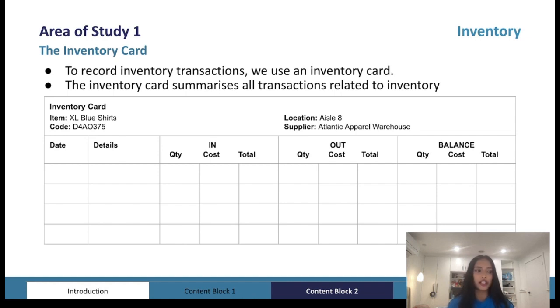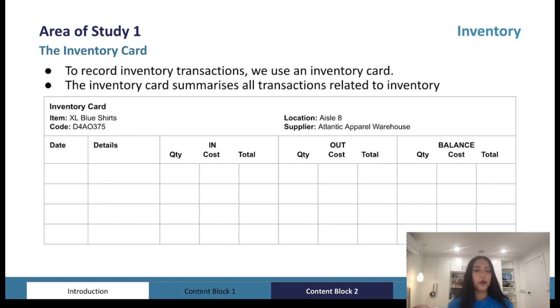But that's just for example. So depending on how big a business's inventory range is, there can be a lot of inventory cards that the business has to keep track of.